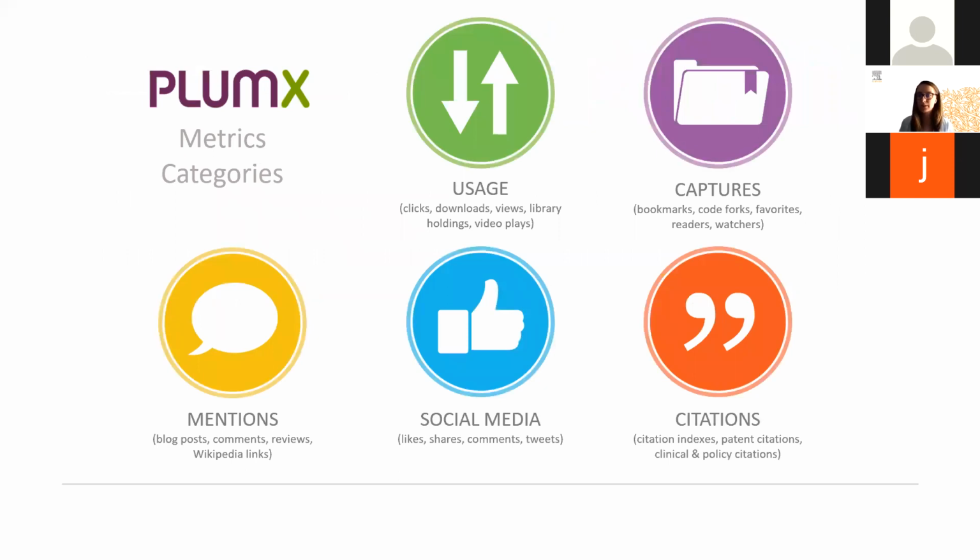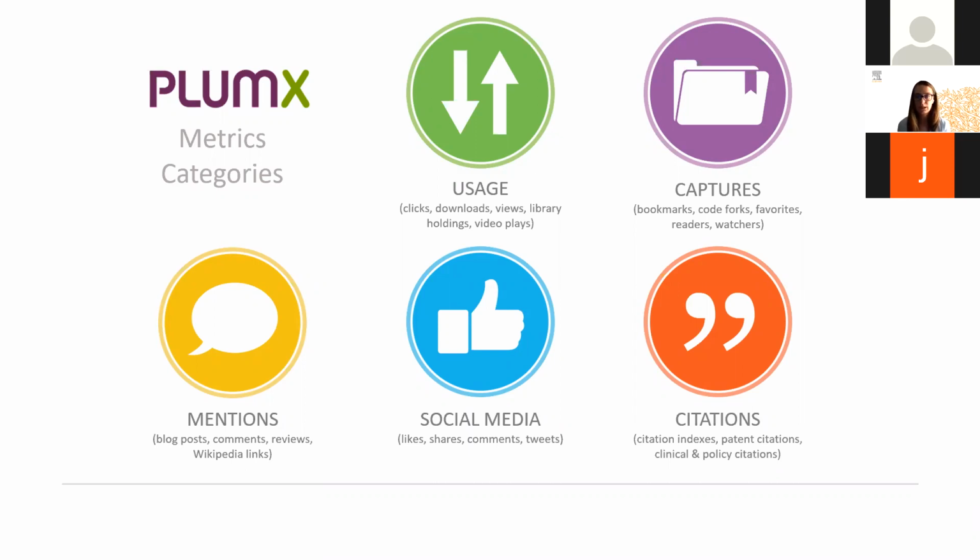I just mentioned, but I think it's worth saying more clearly, that PlumX metrics provide insights into the way people interact with the individual piece of research output, so with articles and, for example, conference proceedings in the online environment. These metrics are divided into 5 categories.